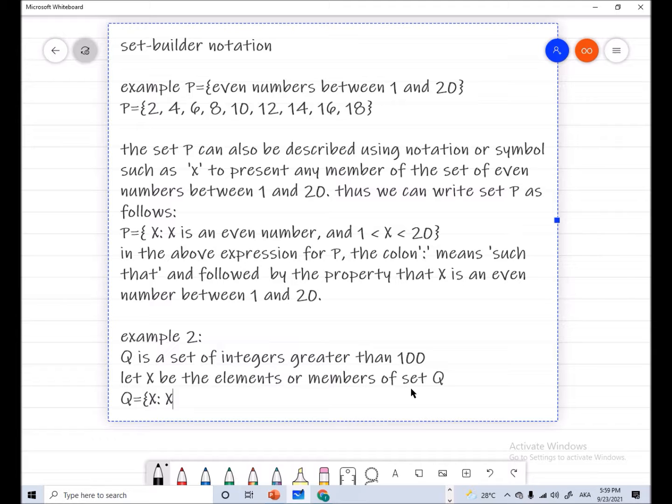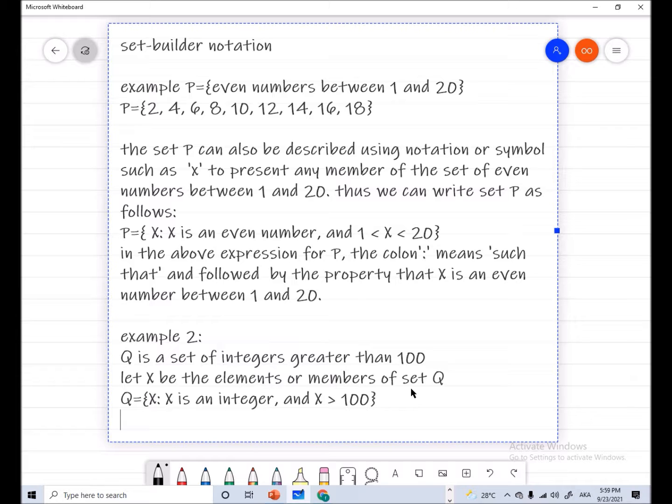So x is an integer, we bring our comma, and x is what, greater than 100, right? So we bring our greater than sign, then we write our 100. So did you get it correct? Then you're on course. All right, then bingo, clap for yourself. Very easy and simple.